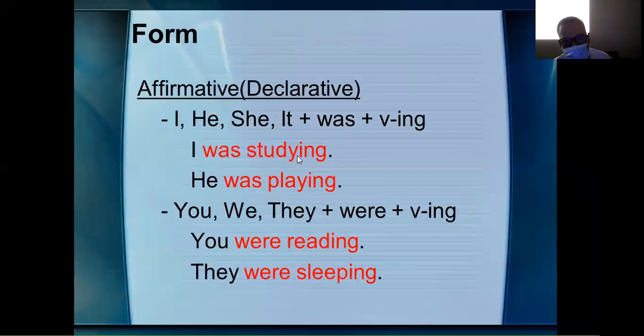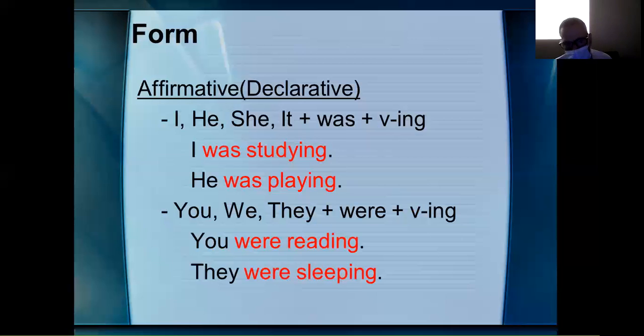I was studying. Here is was, study, then ing. He was playing. I, he, she, it plus was plus verb plus ing. You, we, they, were plus the verb plus ing. You were reading. They were sleeping.